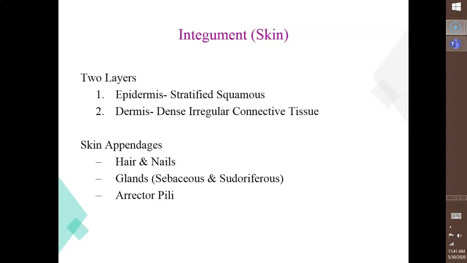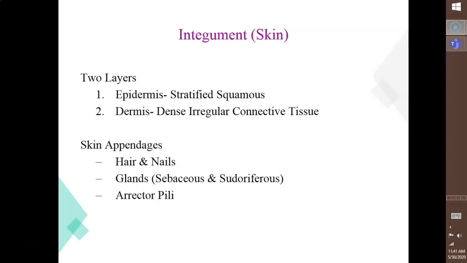That means that you have connective tissues running in many different directions, the fibers in many different directions, so that the skin can pull and tug and move without tearing, and to connect that epidermis to the underlying fatty tissue, adipose, that then helps to connect to the bone.